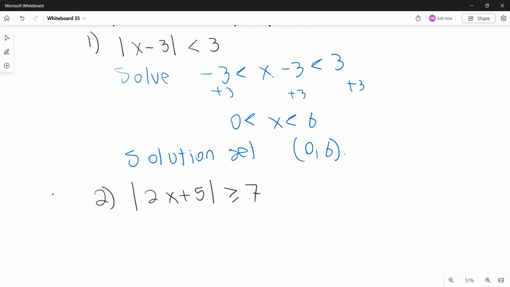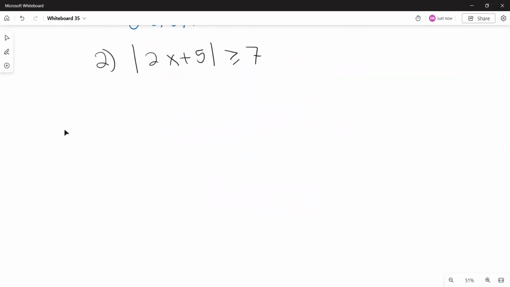We need to solve two separate inequalities, and the solution set will be the union of the solution sets of each inequality. So we need to solve 2x plus 5 less than or equal to -7, and 2x plus 5 greater than or equal to 7.